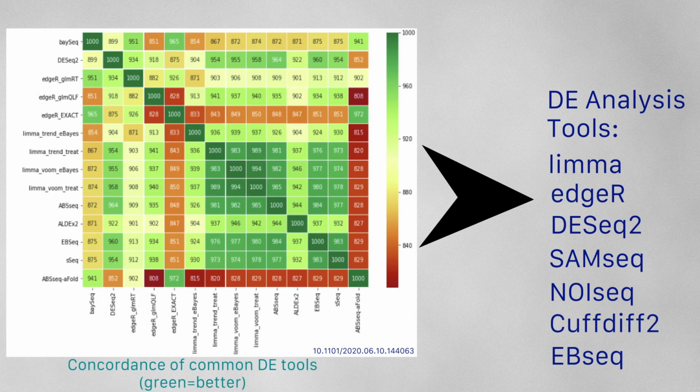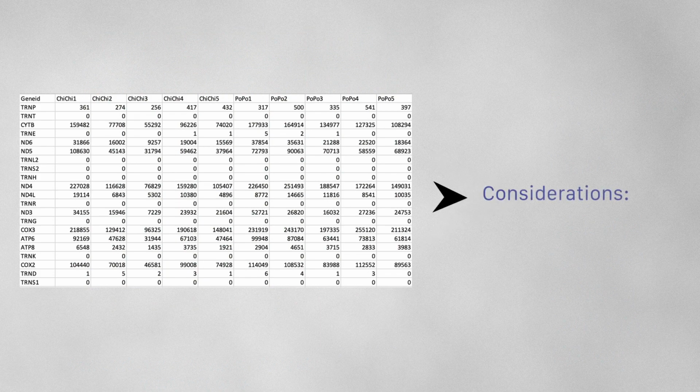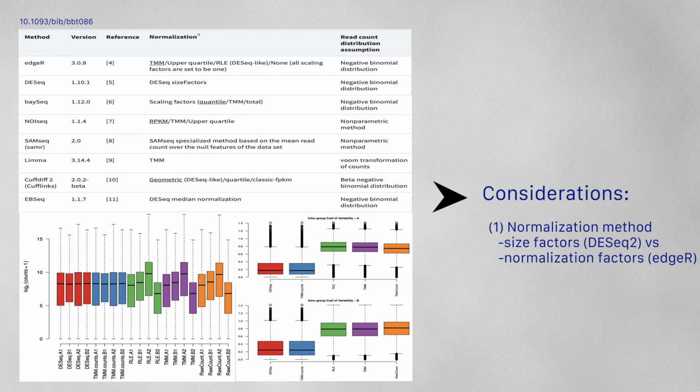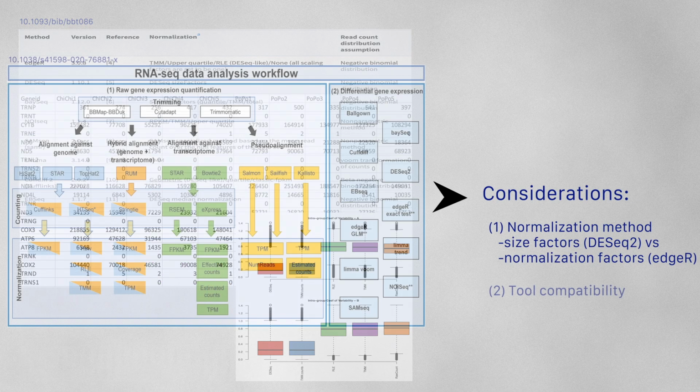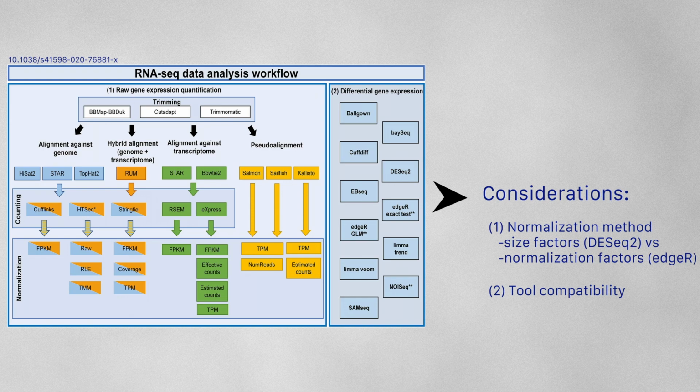And the concordance of the results obtained from these tools is generally good, and most of the factors that would affect your choice of the differential expression tool that you want to use would mostly depend on the type of normalization that you want to use and the compatibility of that tool to other upstream and downstream tools that you would wish to utilize.